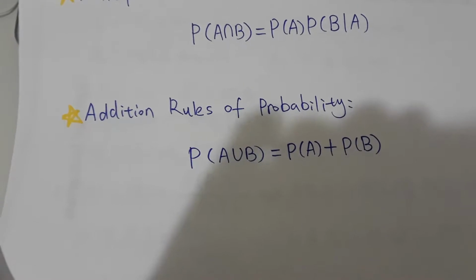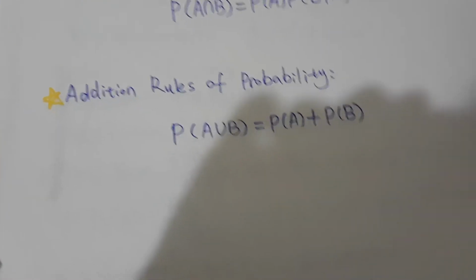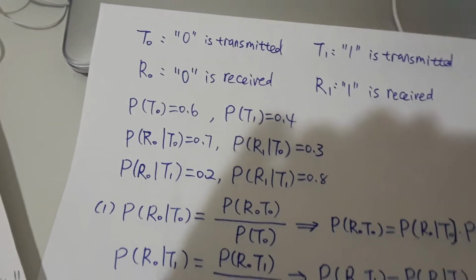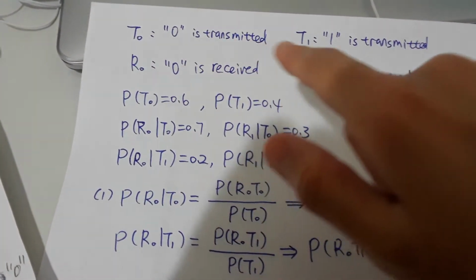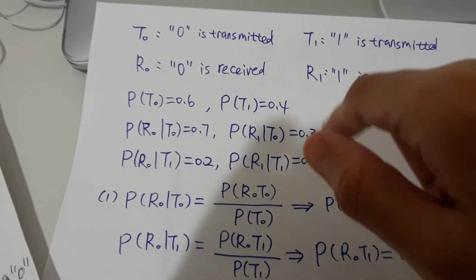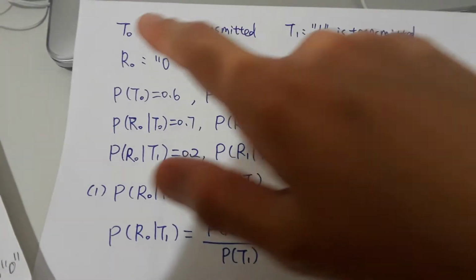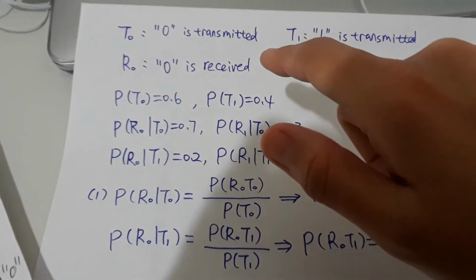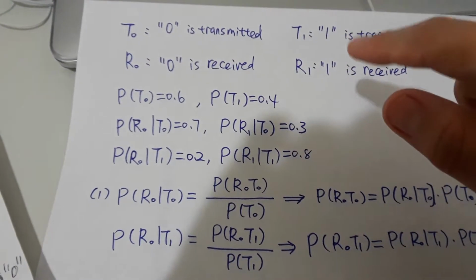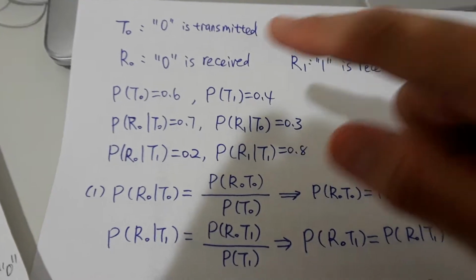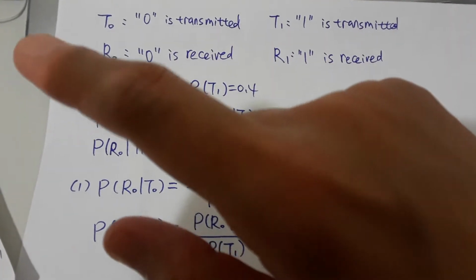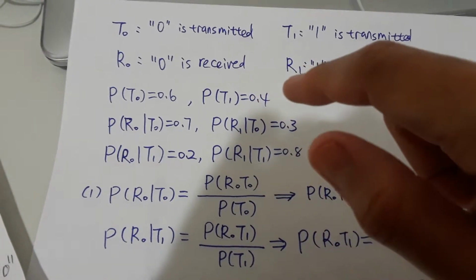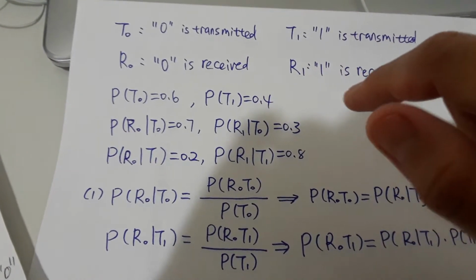Now let's go back to our question. First, I need to set some notations to simplify this question. In this case, T0 means signal 0 is transmitted, and T1 means 1 is transmitted, and R0 means signal 0 is received, and R1 means signal 1 is received.